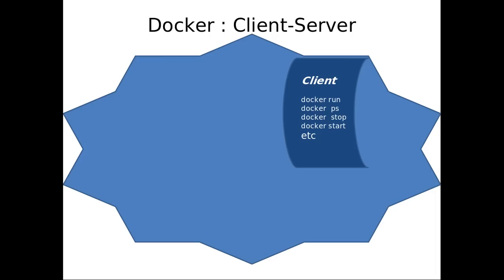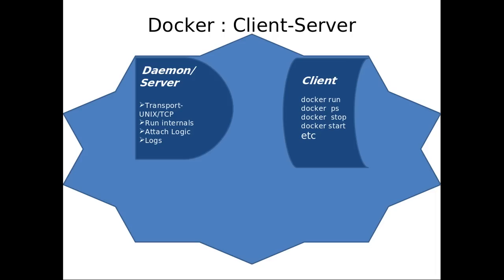From this client mode, the client is just accessing everything through remote APIs. So the client sends a request over HTTP to the Docker daemon, the server, where the server gives the appropriate response according to the request.